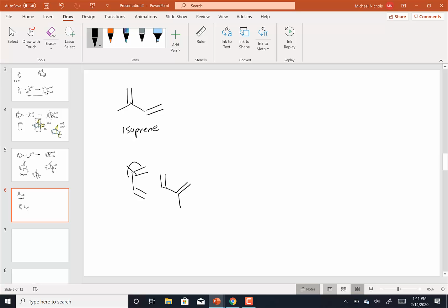So you can take this pair of electrons, move it here, form the bond there, form the bond there, if we want 1, 2, 3, 4, 5, and 6, so we can keep track of this. And the molecule that we make is going to have the double bond between 2 and 3. And then on this side, it's going to have that molecule.